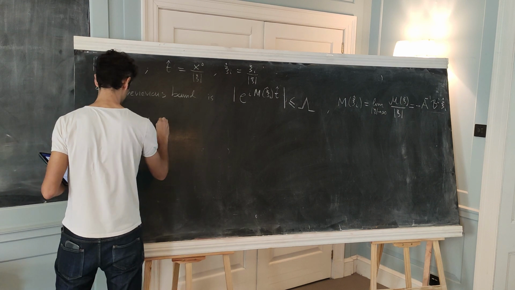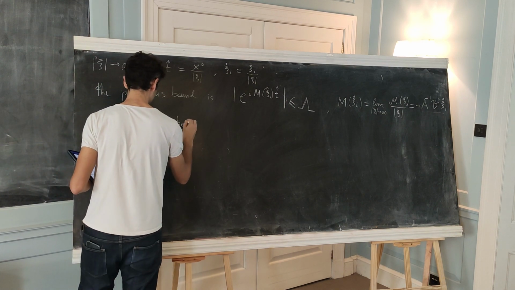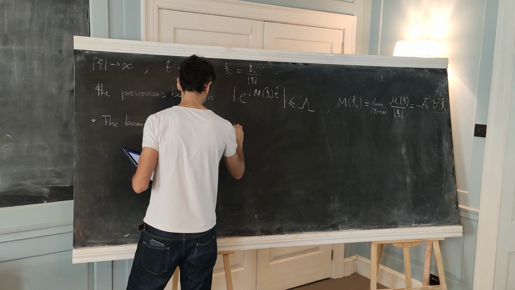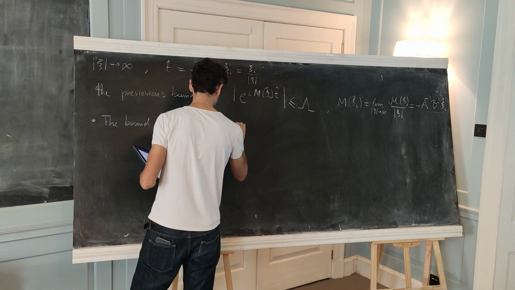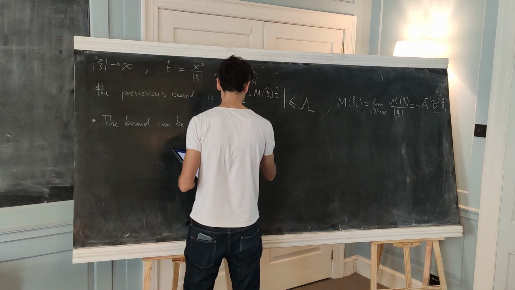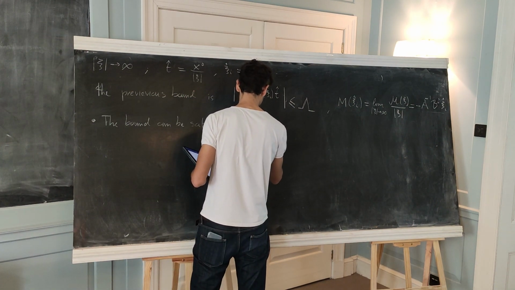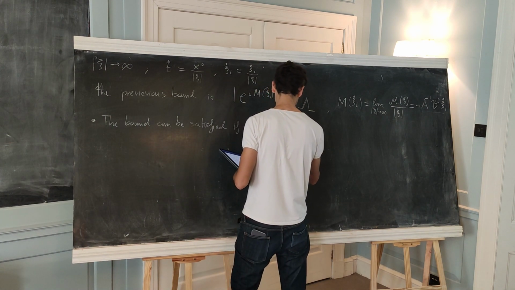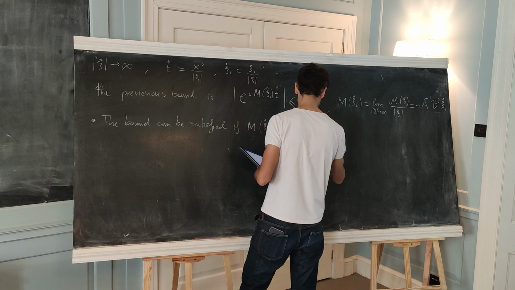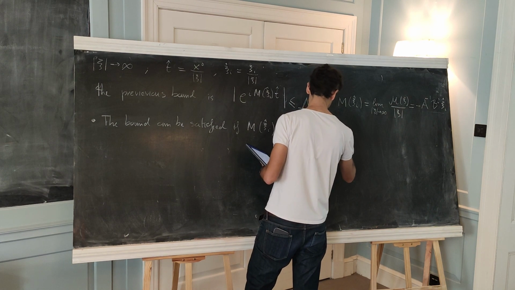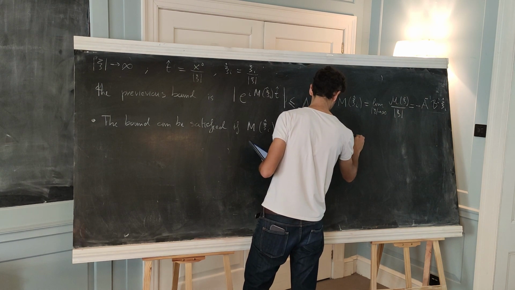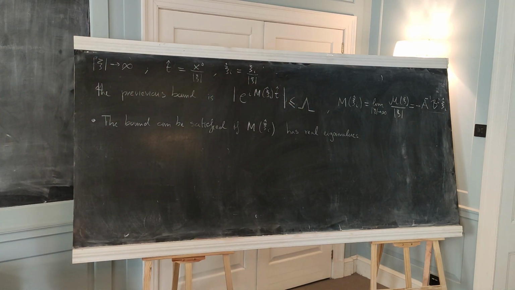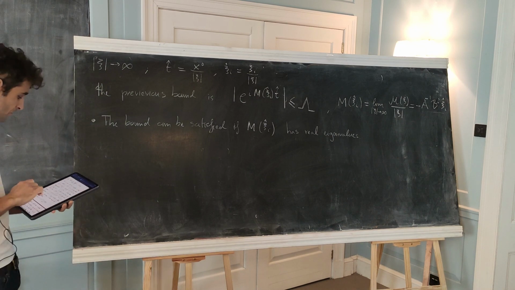The bound can be satisfied if M has real eigenvalues. Okay, so one condition that we will need to impose on the principal part is that it has real eigenvalues.